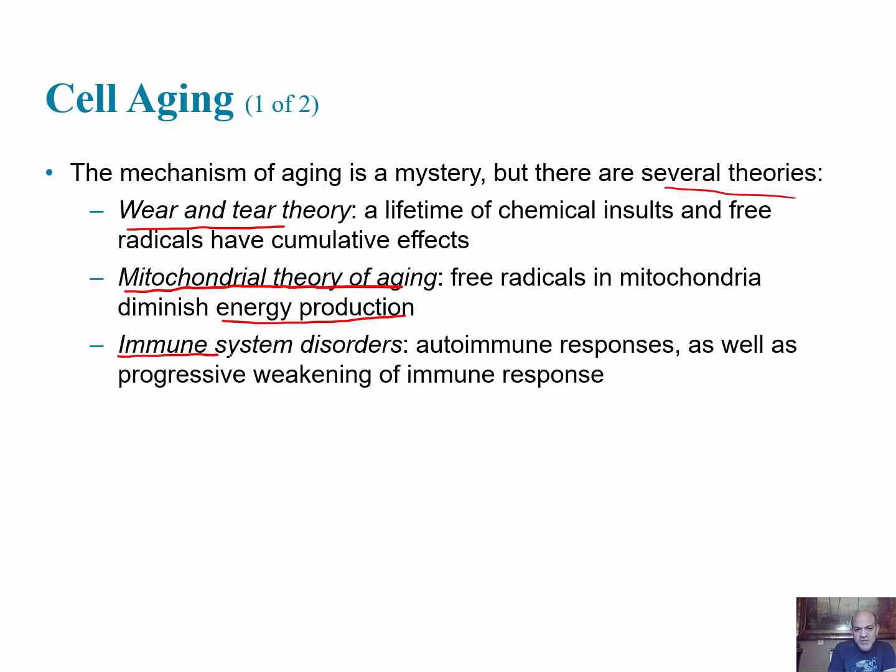And then immune system disorders: autoimmune responses, as well as progressive weakening of the immune system overall. Autoimmune responses are when your immune system begins to overreact and start attacking your own body cells.